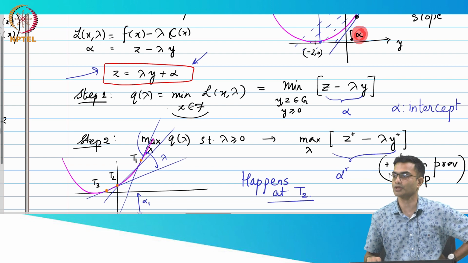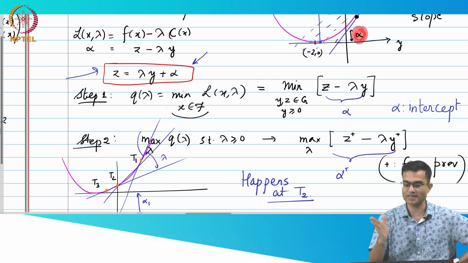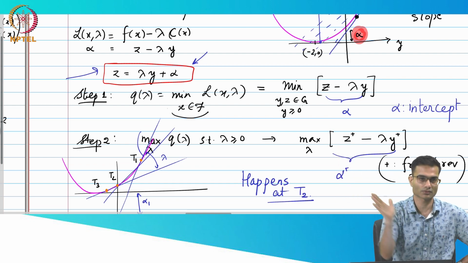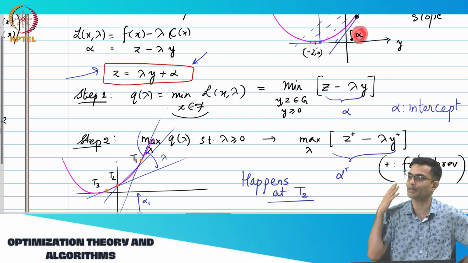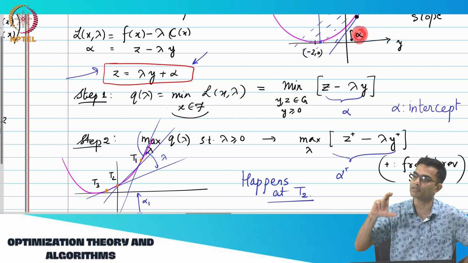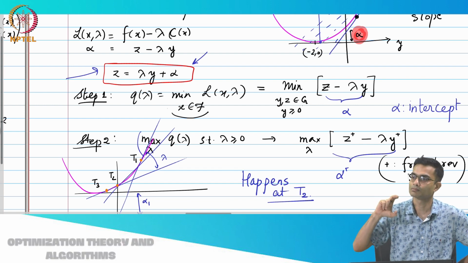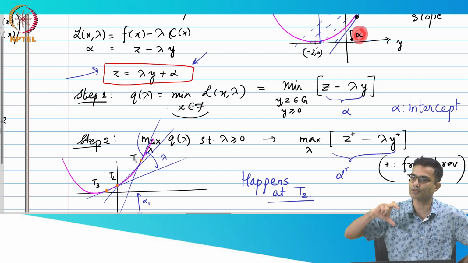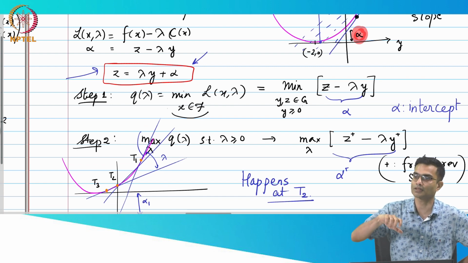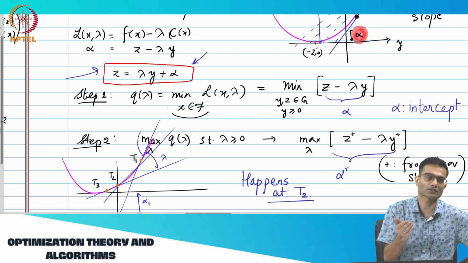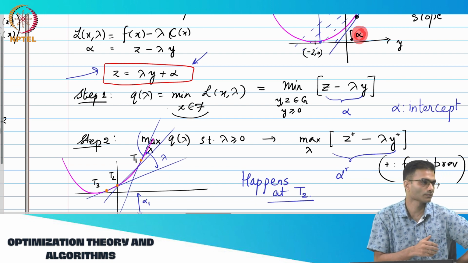Now that you have given me a Q, that means Q is basically the family of all tangents to this guy. Now in step 2 I am saying, hey, of all of these guys, give me that tangent line which is maximizing the intercept. And that maximization of intercept you can see graphically is happening at T2. If I go any further to the left, the tangent jumps into infeasible region.